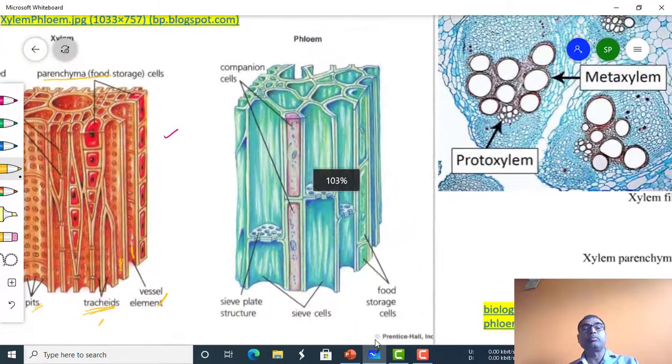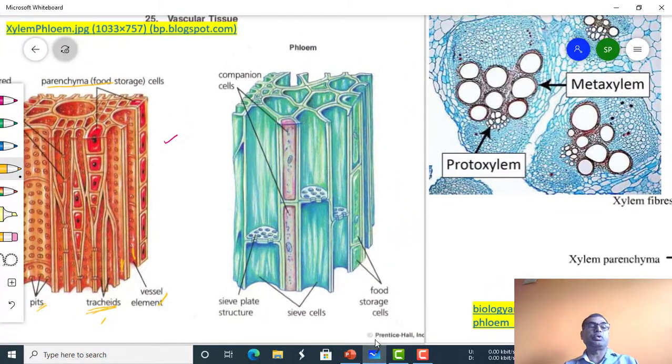Phloem is a vascular tissue or complex tissue which is involved in the translocation of organic food material synthesized by the leaves. Translocation of synthesized food material from leaves to other parts of the plant is the main function of the phloem. Phloem also consists of different kinds of cells: sieve tubes, companion cells, phloem parenchyma and phloem fibers.